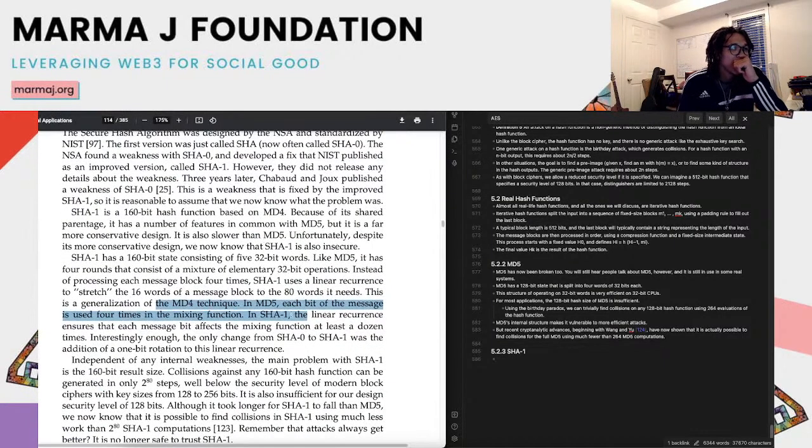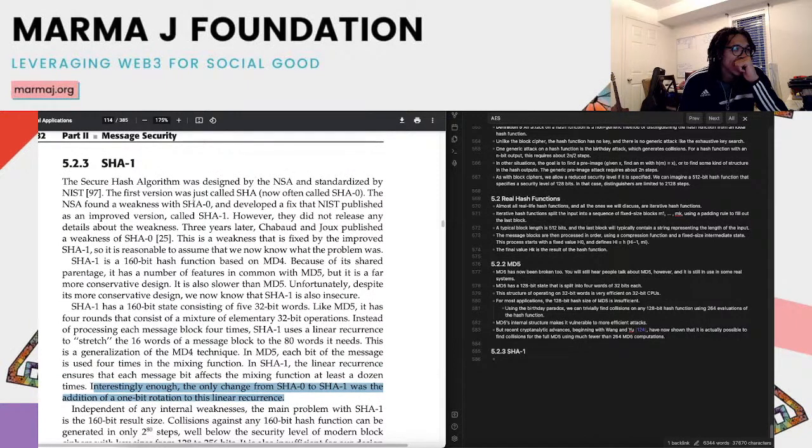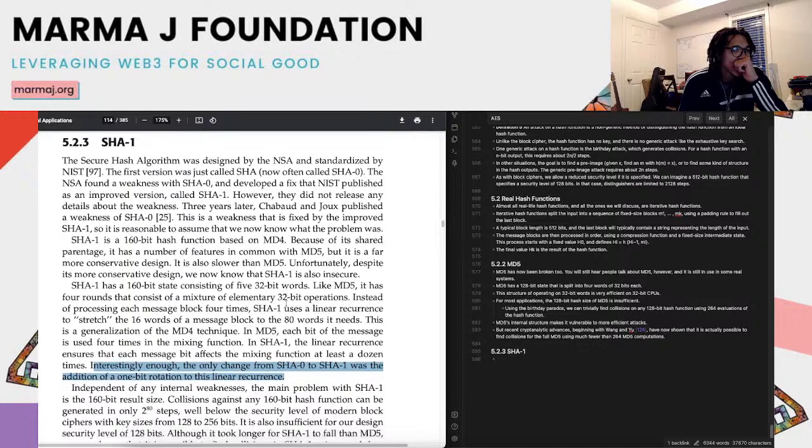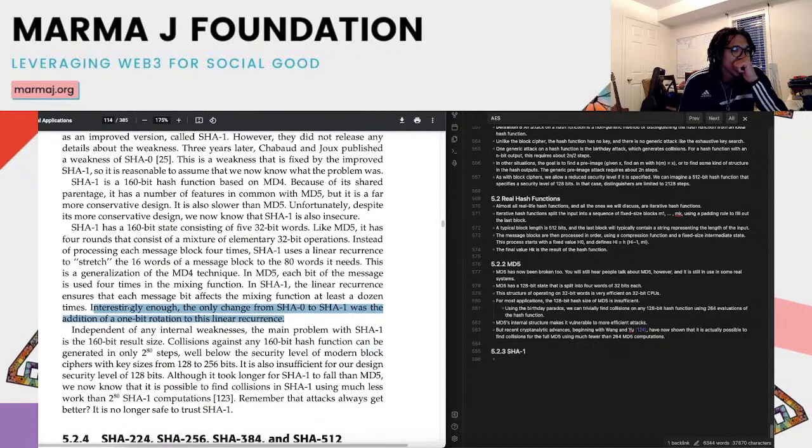It's too fast. They improved it, SHA-1 did all of this, only thing they changed. There you go.